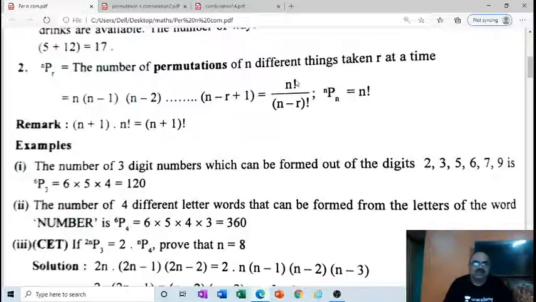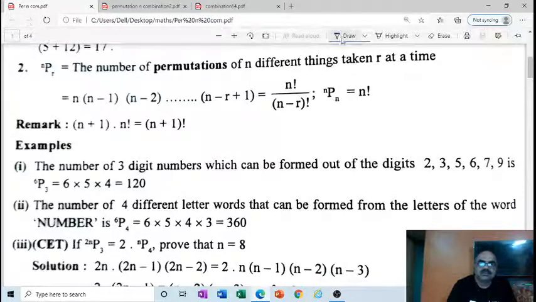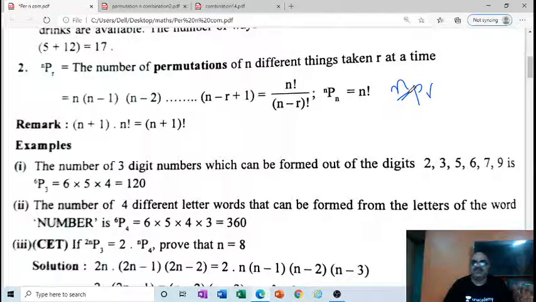So we use a formula called nPr. n talks about the number of permutations of different things, and r is the number of terms taken at a time, and it is defined as n factorial by (n minus r) factorial.